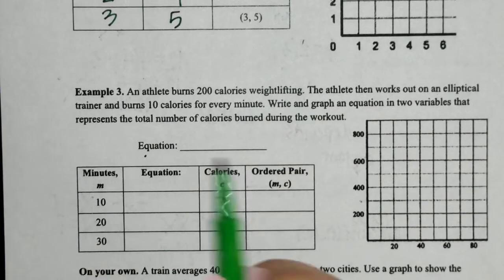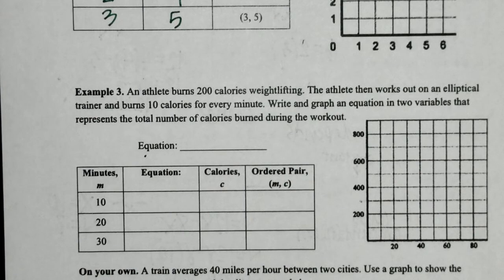Okay. Does anyone have any ideas what our equation will be or how it will start? Kinley, tell me. Okay, so what's it going to equal? Okay, good. So, can you tell me how you got that?